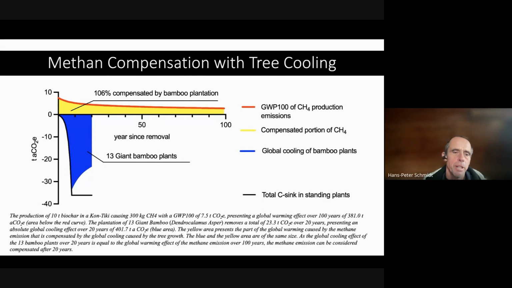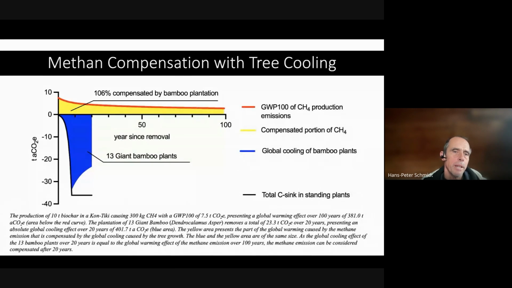After 6 years, you cut the regrowth, so you still have your bamboo forest for 20 years. Now we can exactly calculate how much these 13 giant bamboo plants can compensate with their global cooling effect.